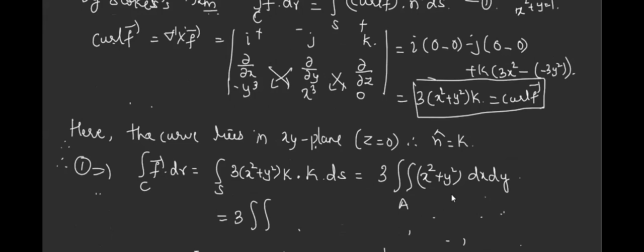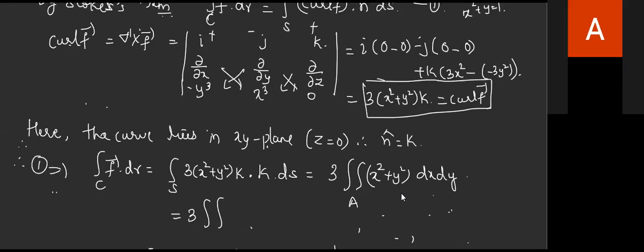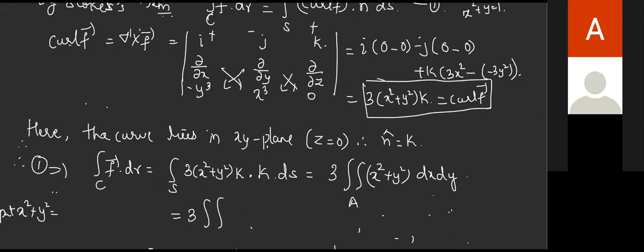What are the relations? I'll try to write in short. You know, x is r cos theta, y is r sin theta and all that. So x square plus y square is what actually? Not 1, it will be r square. When you take x equal to r cos theta, y equal to r sin theta, if you take it as 1, r will not come into the picture. r is a polar coordinate.